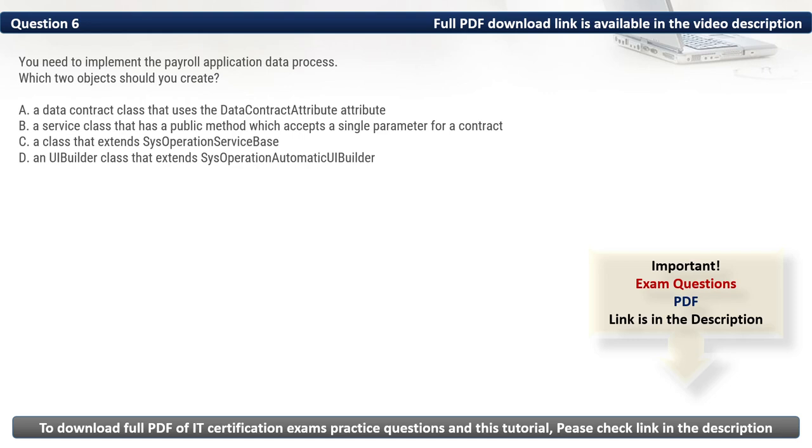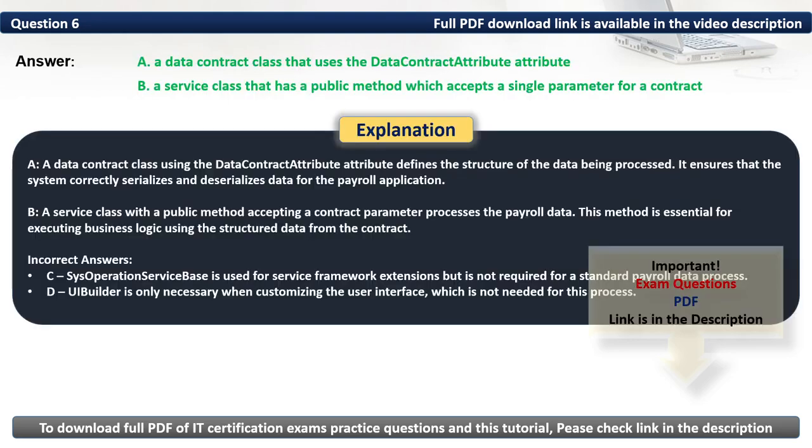As such, the two objects that we should create are a data contract class that uses the DataContract attribute, and a service class that has a public method which accepts a single parameter for a contract. Thus, the correct options are A and B. About the options, A. Data contract class uses the DataContract attribute, defines the structure of data being processed.